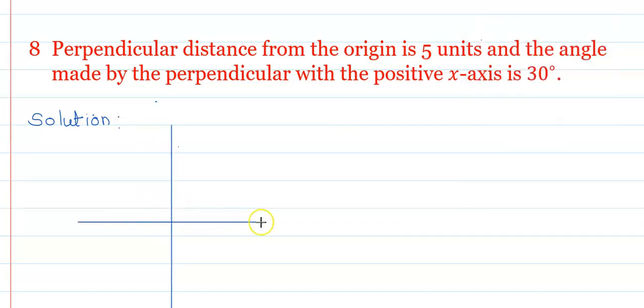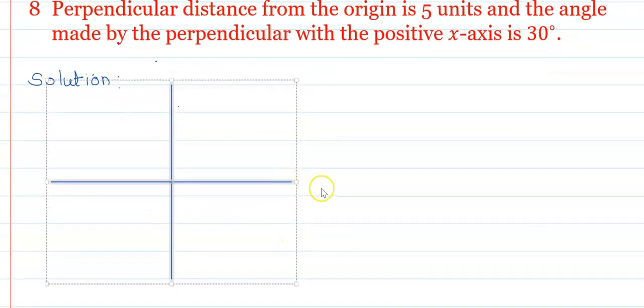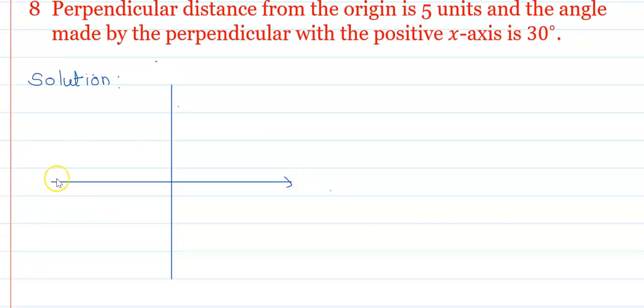See this here: the x-axis, and here the y-axis. O is the origin. The given line's perpendicular from the origin makes an angle of 30 degrees.